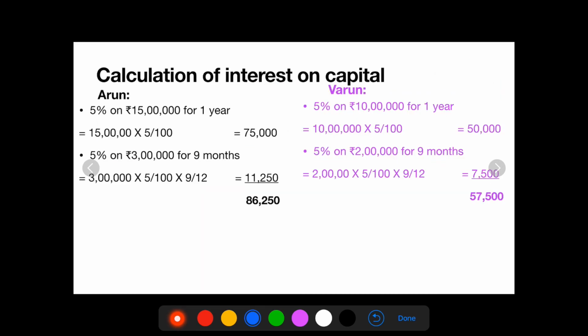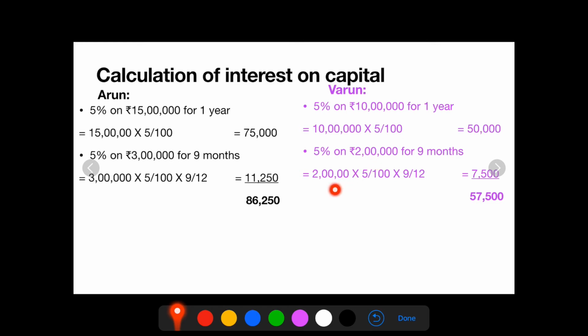I have put for you the calculation of interest on capital, that is for Arun and Varun. You can observe here on 15 lakhs 5% interest is 75,000. 5% interest on 3 lakh for 9 months is going to be 11,250. So the total is 86,250. Likewise for Varun, 5% on capital is 50,000.